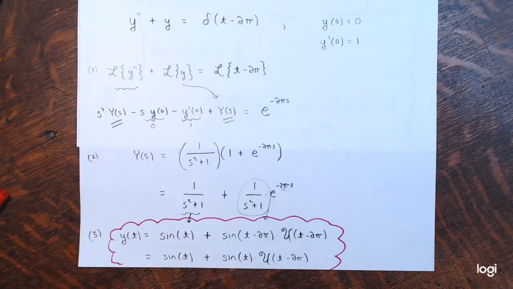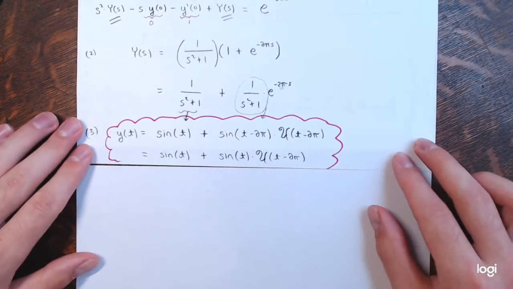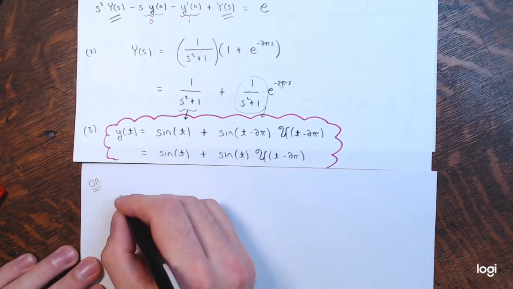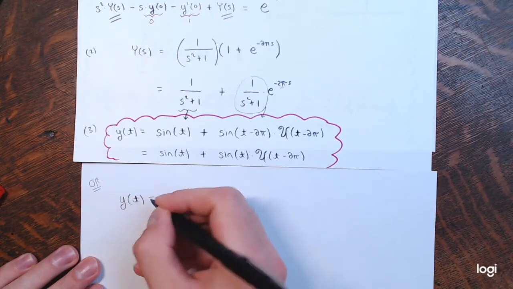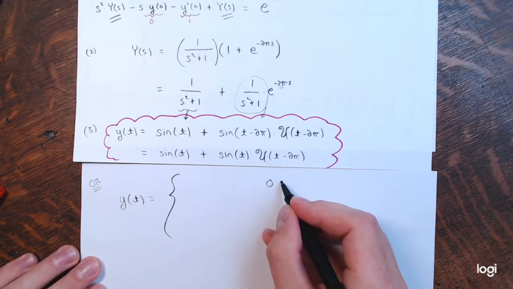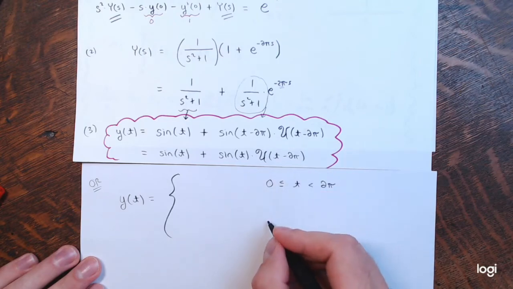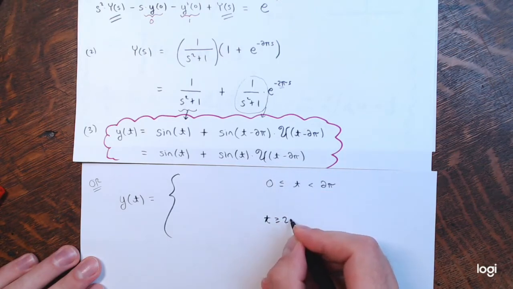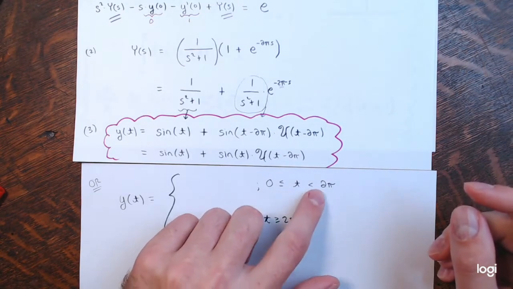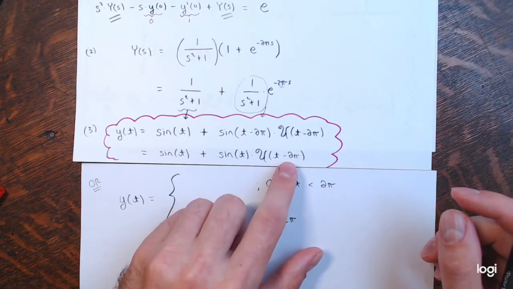And once again, I could, if I wanted to, write this as a piecewise defined function, and it involves some unit step function here. So I could also express the solution this way: y of t equals, and this is going to break up into values from 0 to 2 pi, and then beyond 2 pi, where t is greater than or equal to 2 pi. Now for values of t from 0 to 2 pi, not including 2 pi, the unit step function has a value of 0.